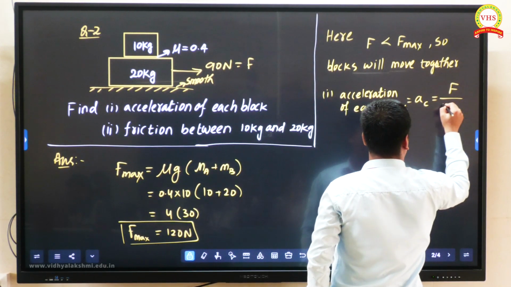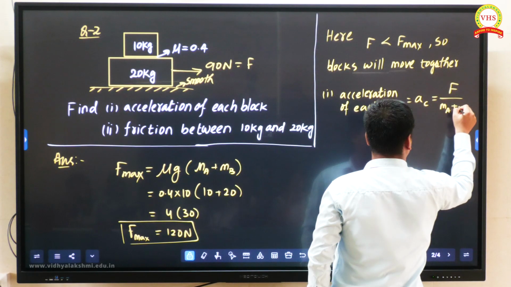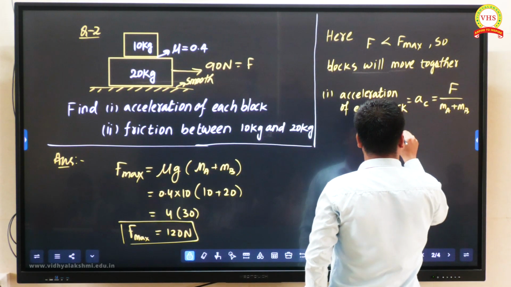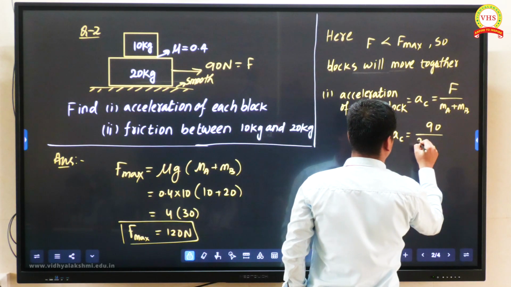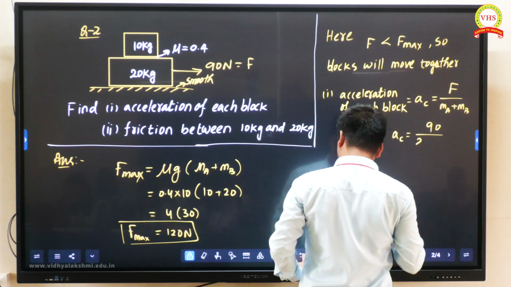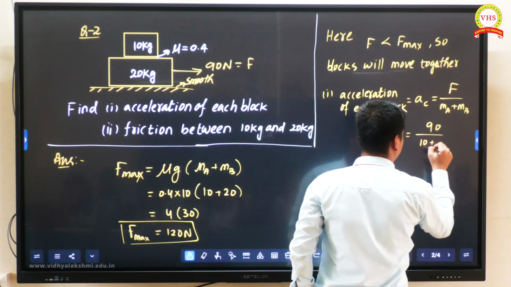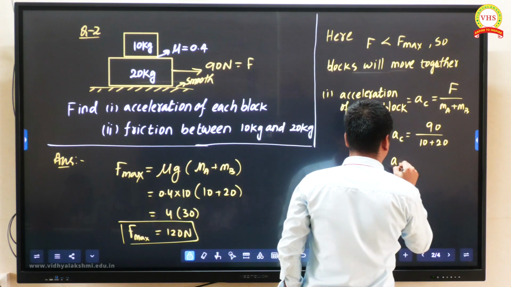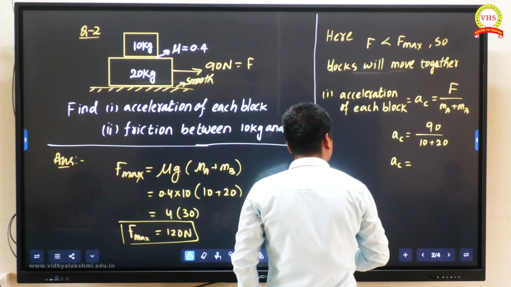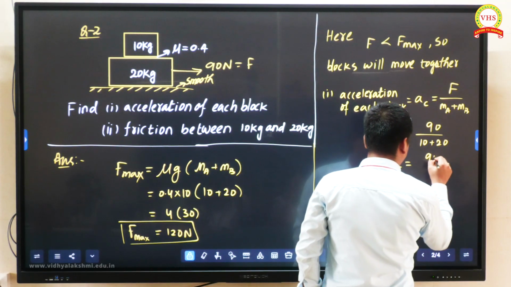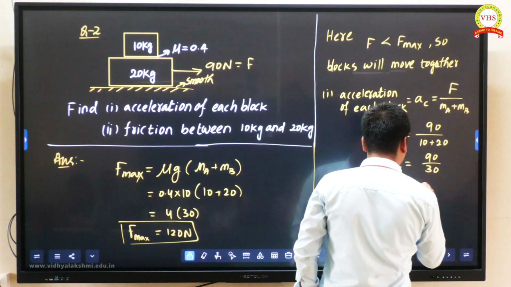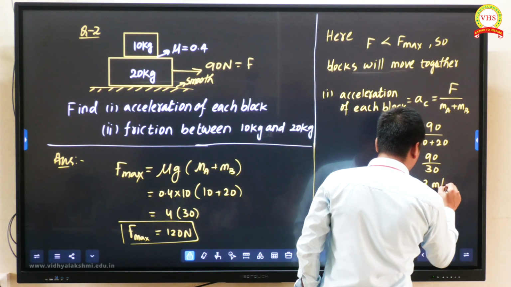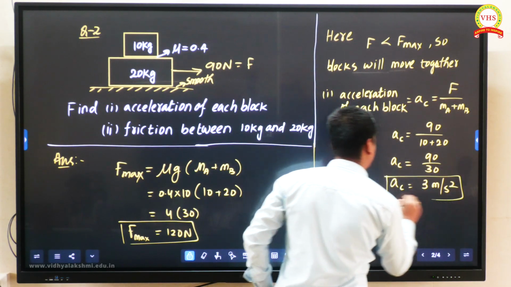Common acceleration is F by (MA plus MB). F is 90, A is 10 and B is 20. So 90 by 30. 90 by 30 is how much? 3 meter per second square.